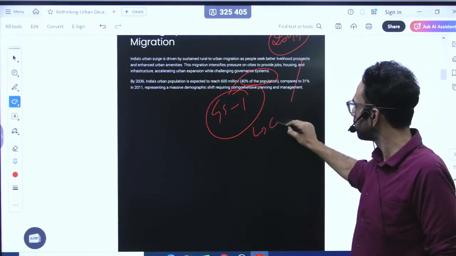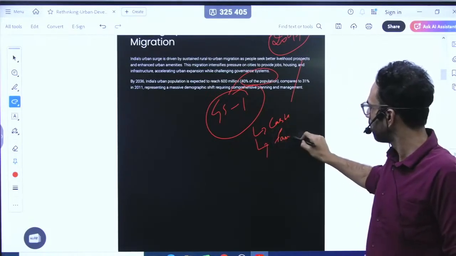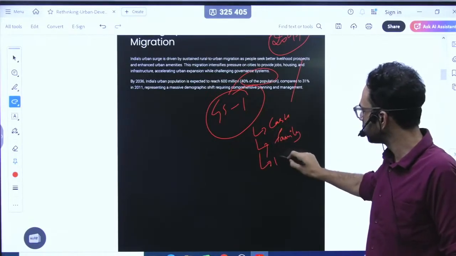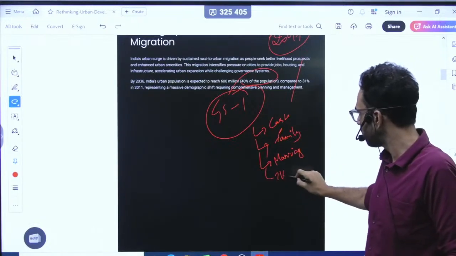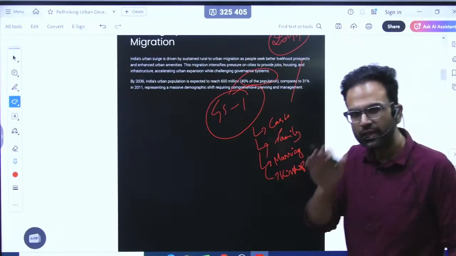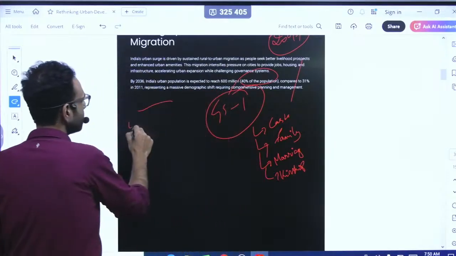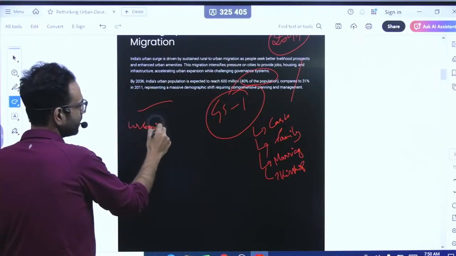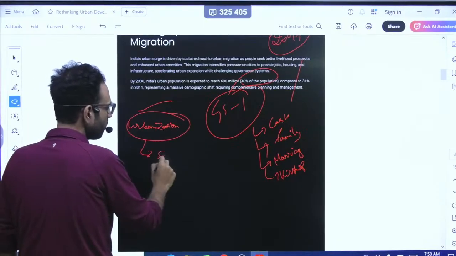Caste, family, marriage, kinship. Then you also have in the GS1 syllabus directly mentioned the impact of urbanization. Urbanization as a social problem. What do you mean by urbanization as a social problem?